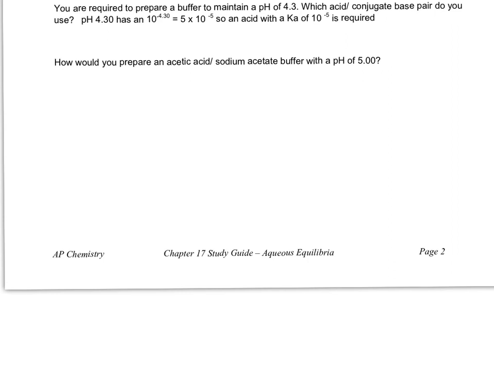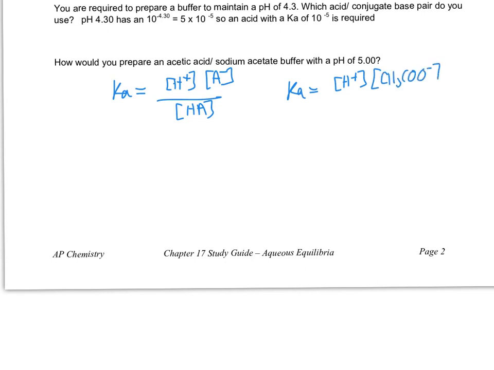And I know that my Ka expression is going to be the concentration of the H plus times A minus over HA. Or, if I'm using acetic acid and sodium acetate, let me rewrite that. I want it to say H plus times the A minus, which in this case would be the acetate ion, over HA, which would be your actual acid, acetic acid.